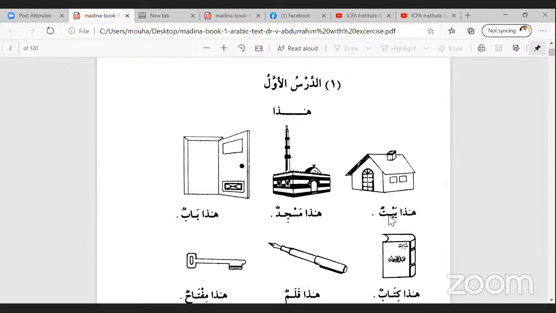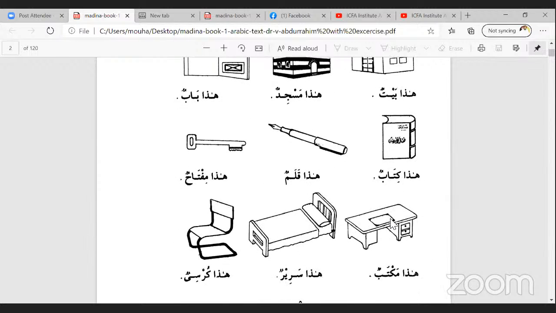So when you say هذا بيت, between هذا and بيت, the is hidden somewhere. You cannot see it, but you have to feel it. In Arabic, you don't say it, but you feel it. This is a house. It is muqaddar, as if it is there. I hope you understood. هذا بيت. This is a house.